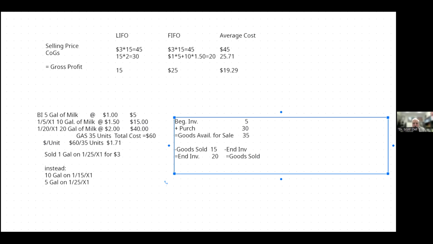If my cost of goods sold for LIFO, which we just determined up here, was $30, and my cost of goods sold for FIFO was $20, and my average cost was $25.71, we know that this total better, and I'm going to go ahead and zap that ending inventory right now because it's cost of goods sold we're worried about.